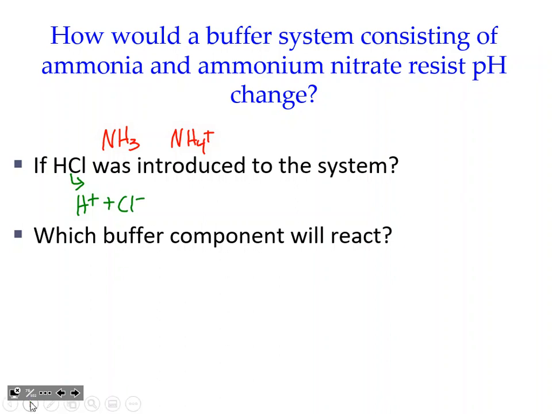Which one of the buffer components is the HCl going to react with, or the hydrogen going to react with? Is it the ammonia or the ammonium? Which one is it going to react with? Which one can actually accept an H?